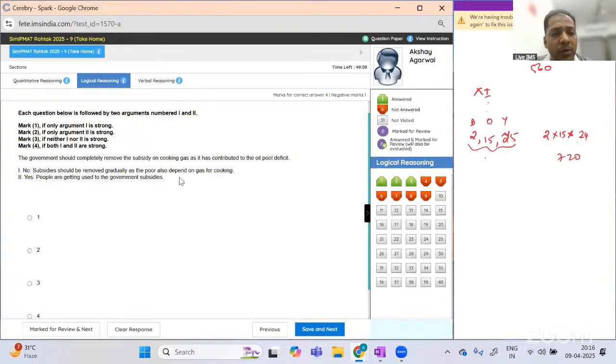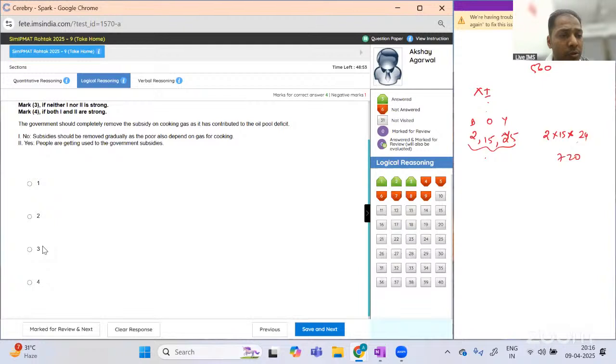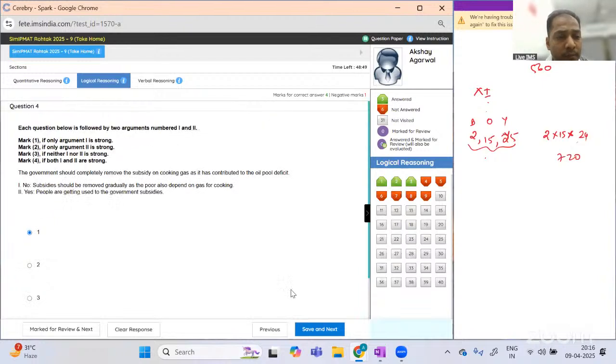Because it benefits the poor or allows the poor to use it. So statement 1 is definitely strong. Statement 2, people are getting used to it, but that's not the whole point of removing the subsidy. So statement 1 is strong, statement 2 is not.